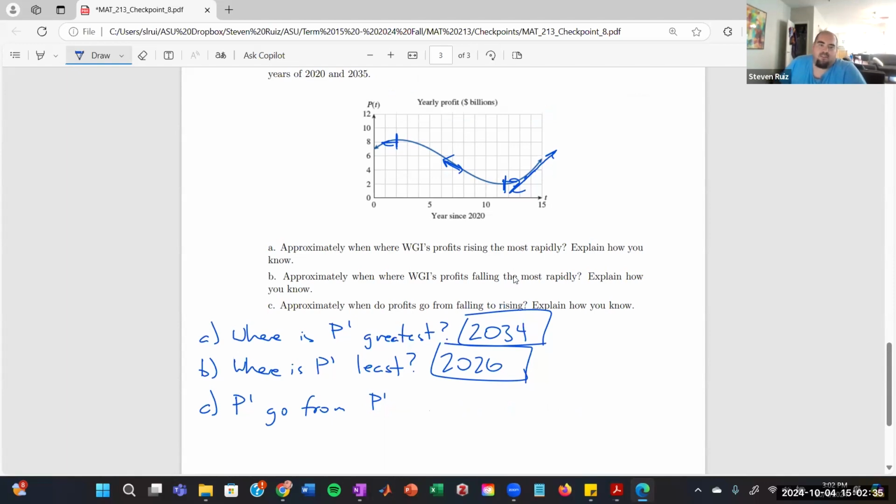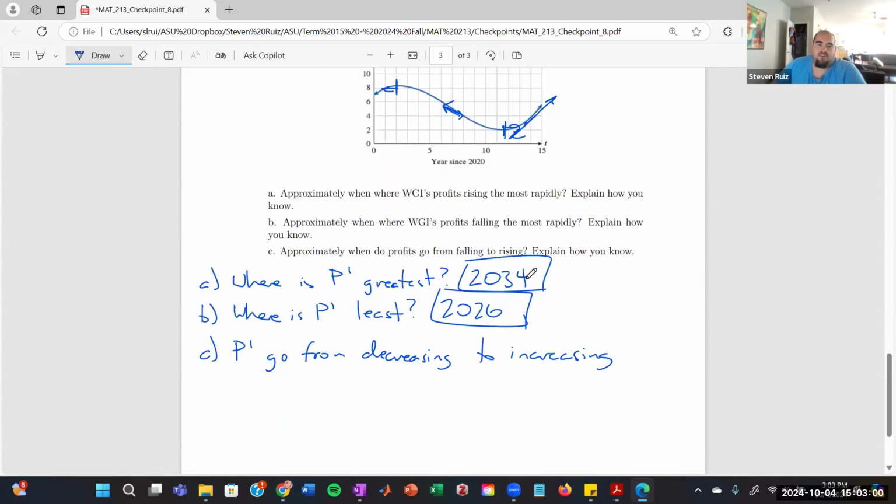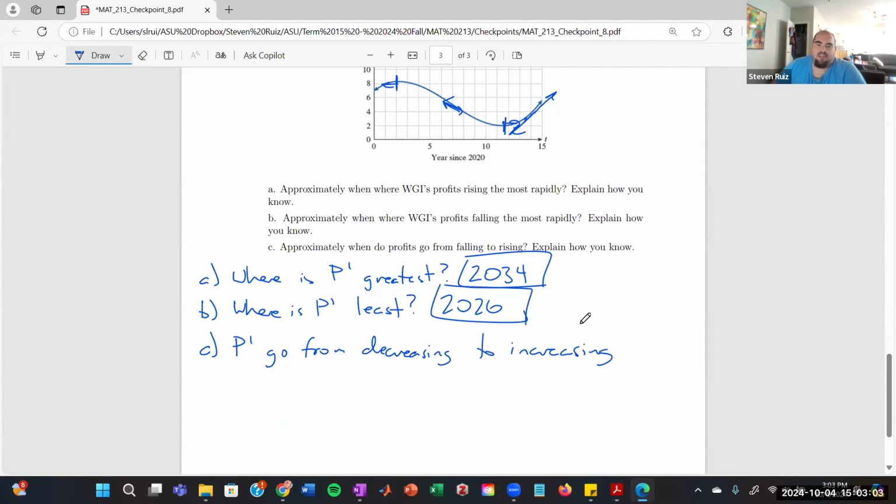So I think what I'm going to be looking at there is, when does P prime go from decreasing to increasing? So what does it mean for P prime to go from decreasing to increasing? Well, that's equivalent to this.